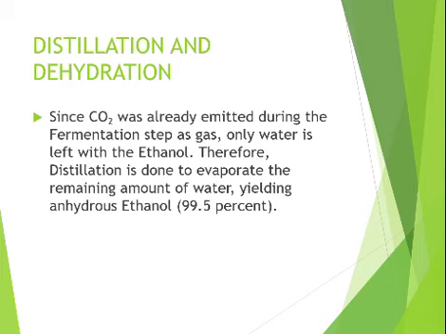For the distillation process, the mixture of water and ethanol in our distillation column is subjected to heat, where ethanol with a boiling point of 78 degrees Celsius is first to evaporate, leaving behind the water. The ethanol is dehydrated and then collected into a storage tank.